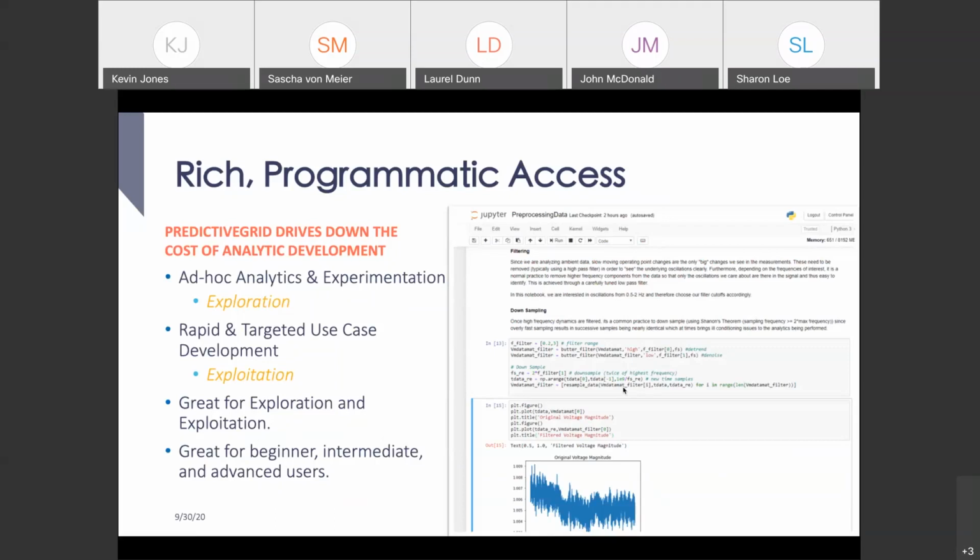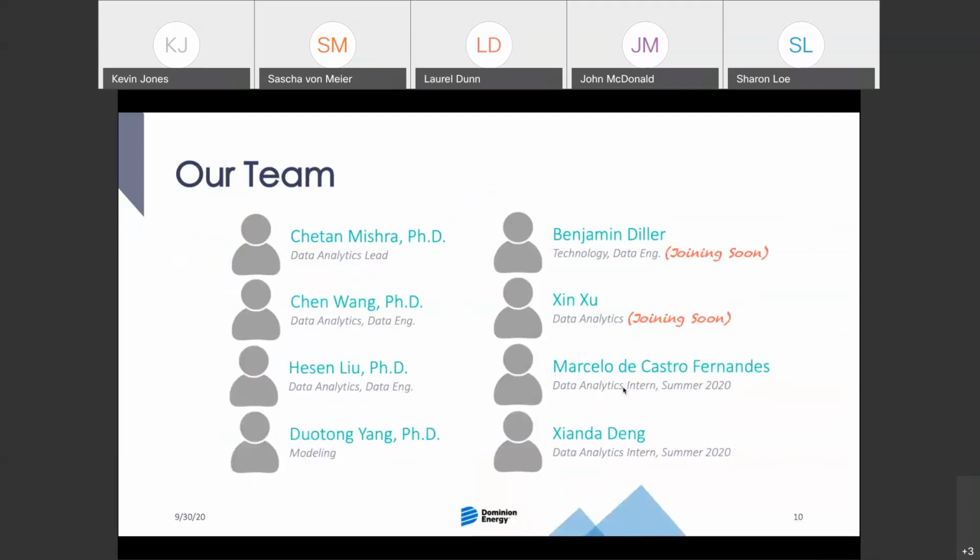So for the exploitation of use cases. So regardless of whether you're a beginner, intermediate, or an advanced user, this is a really great way to work with data. All you need is a little bit of Python knowledge. And honestly, I believe that the platform has some other language plugins as well. I don't want to quote what's there, but I know it's more than Python. I'm a big fan, and that's what we use in our team.